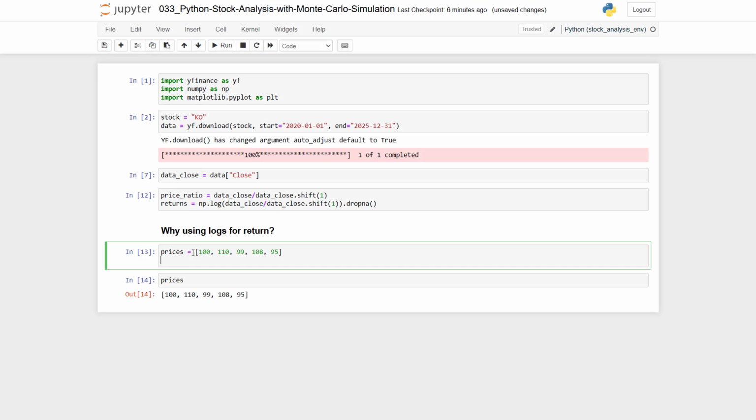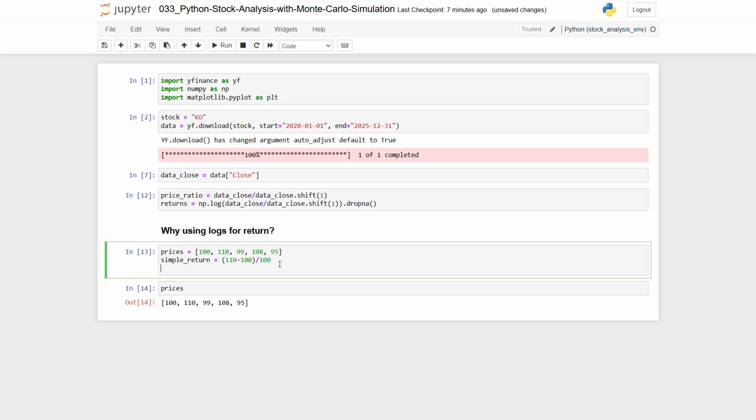And after these prices, you will have like 2 methods called simple return, which would be pretty much, I'm just hard coding 110 minus 100 divided by 100, just to see the gain. And of course it's this one minus this one divided by 100, so it is in percentage.